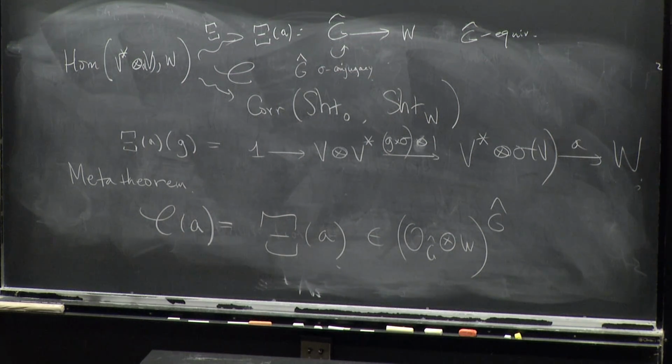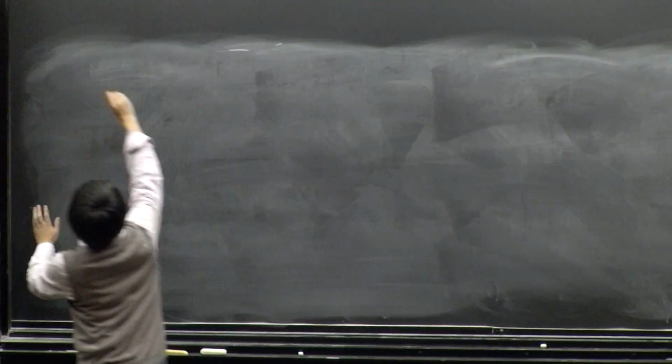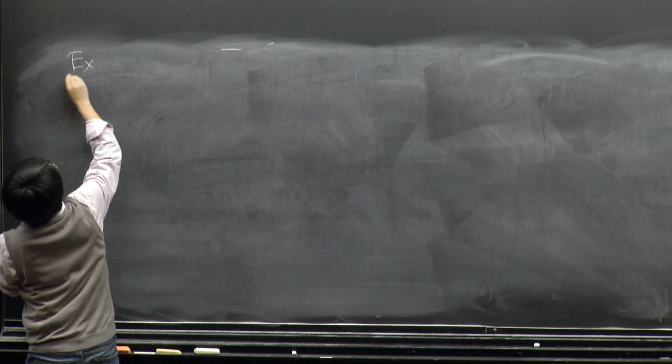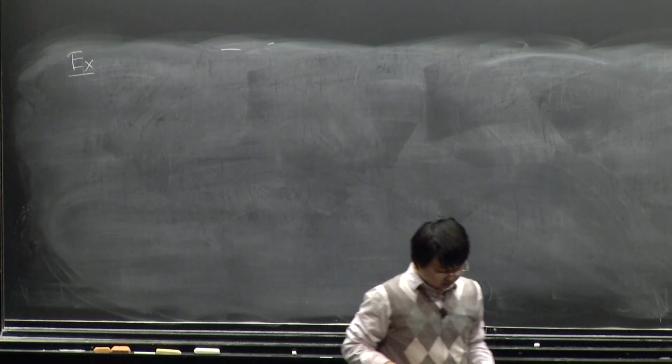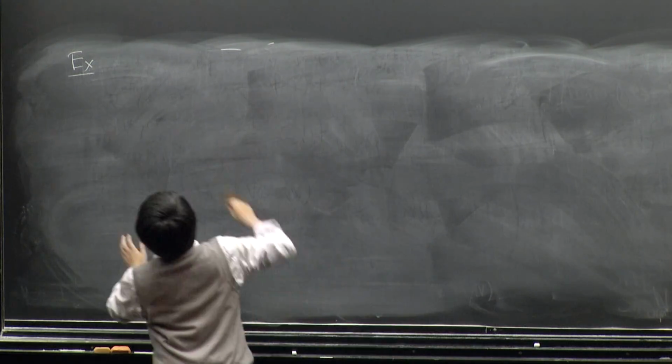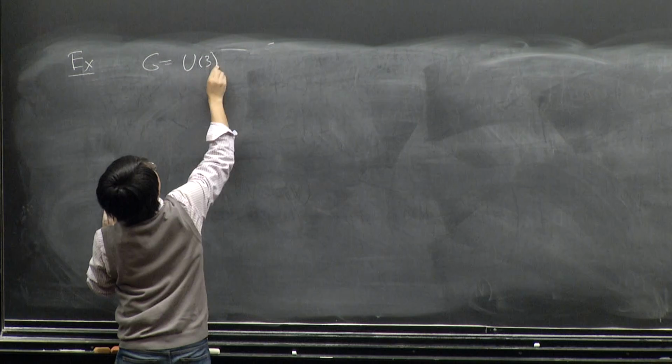So let me give an example. I could talk about GO2, but I think maybe it's even simpler to talk about GO3, in fact, the unitary group U3.